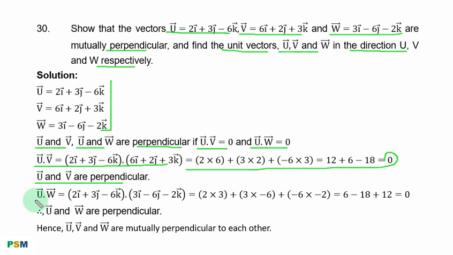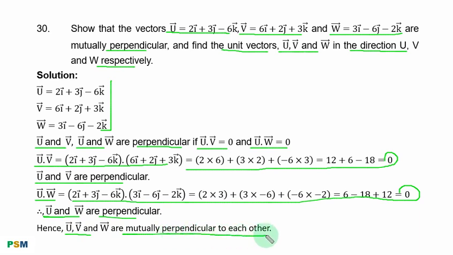For vectors U and W, when you compute their dot product, you also have 0. Therefore, vectors U and V are perpendicular. Vectors U and W are perpendicular. Hence, the three vectors are mutually perpendicular to each other.